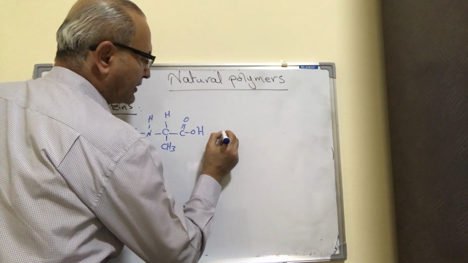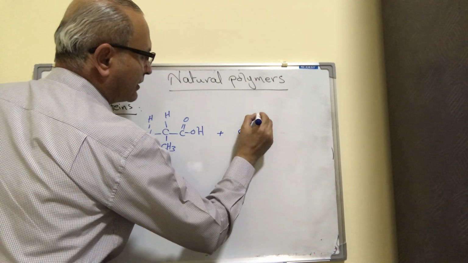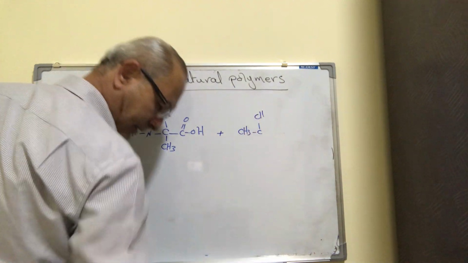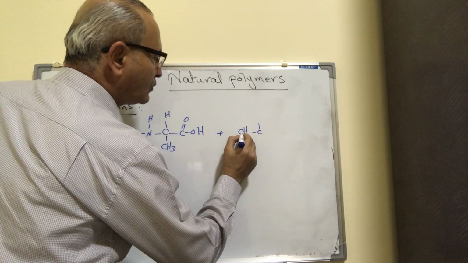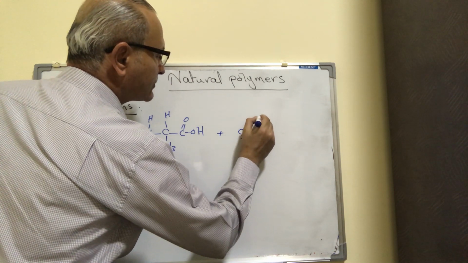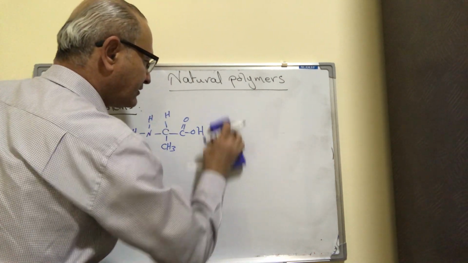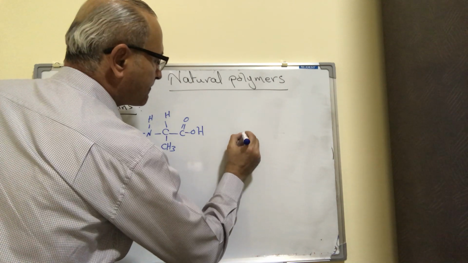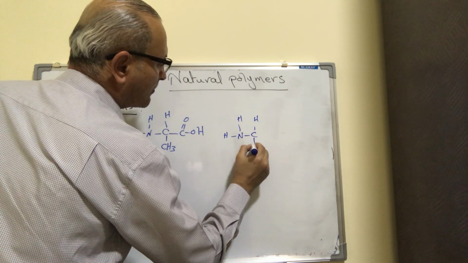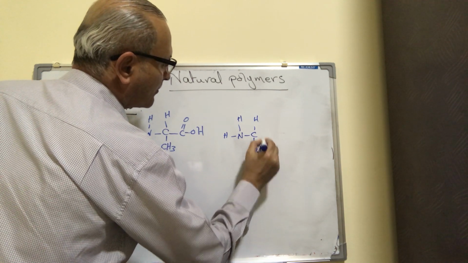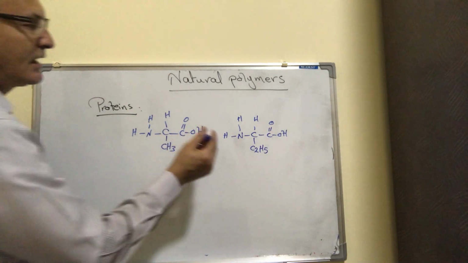Suppose I have it with another, for example, CH3, CH3, or CH here, C2H5, H. Let me put it in the way that makes the idea clear. Again, the same thing here.